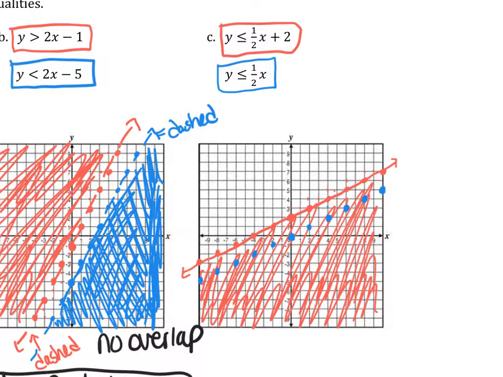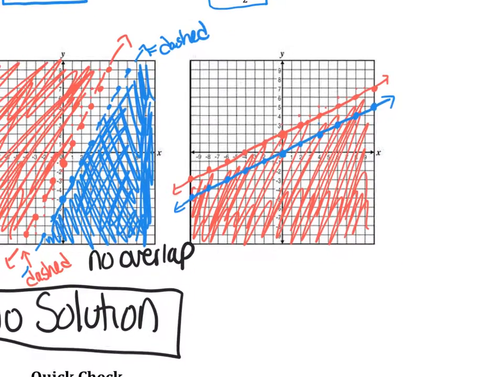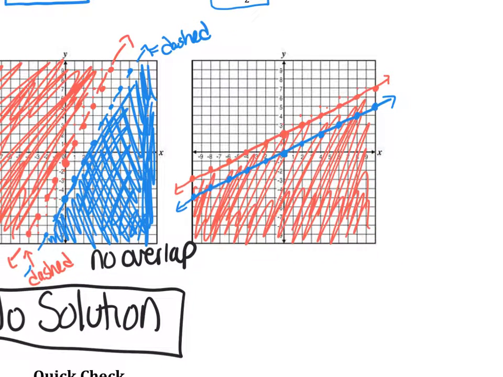And less than or equal to, so solid line. And less than. So here it just turns out that they're almost exactly the same. There's just that little bit of shading from the first one in between the two lines that doesn't count, but everything else below this blue line would be the solution.